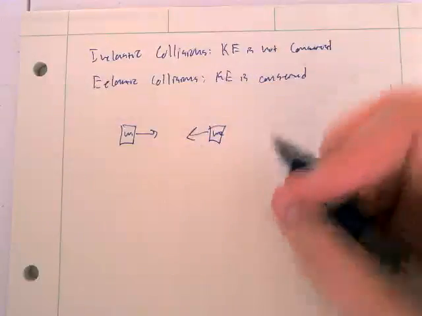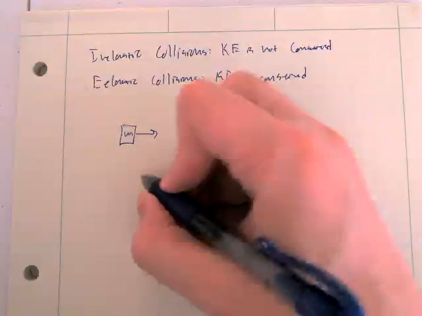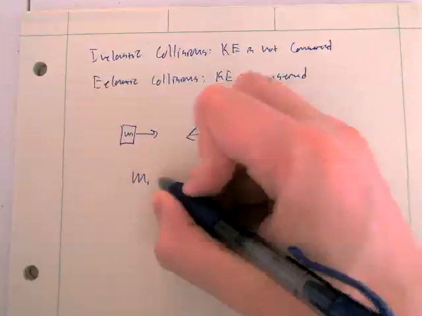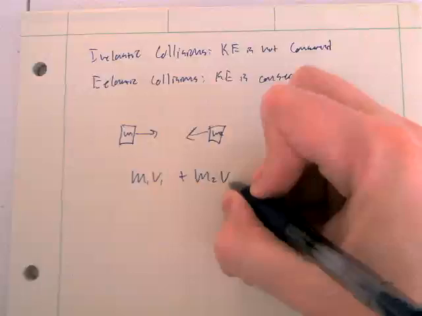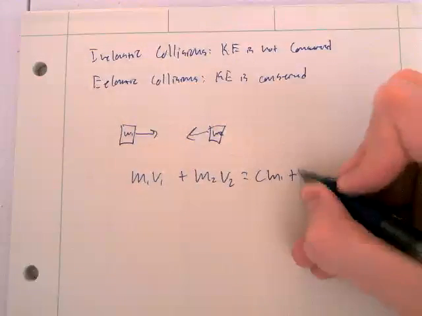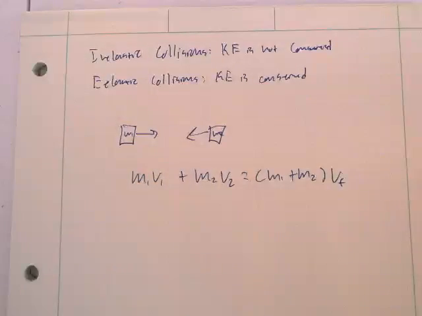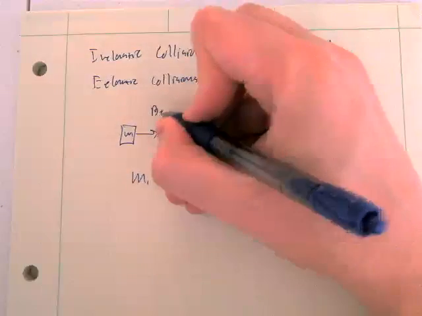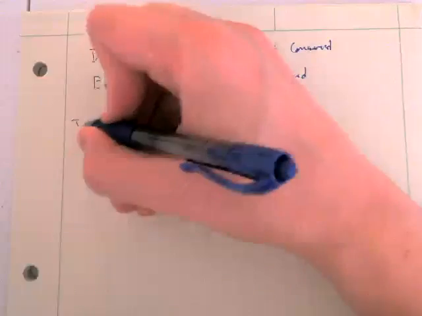You can call M2 moving in the negative direction if you'd like, or you can switch them around, just as long as you're consistent about which direction is which. And so you would say M1 V1 plus M2 V2 equals M1 plus M2 times V final. So this is my before picture for an inelastic collision. Let me make sure I label this.